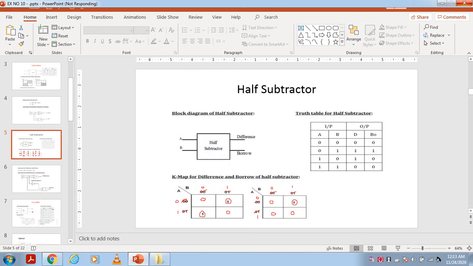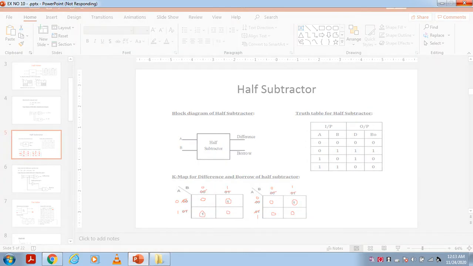Next one is verification of the full adder circuit.